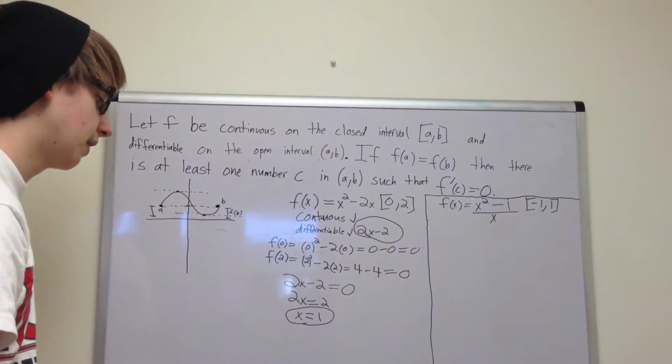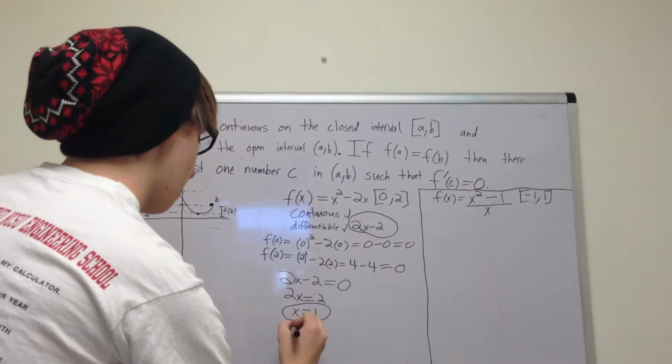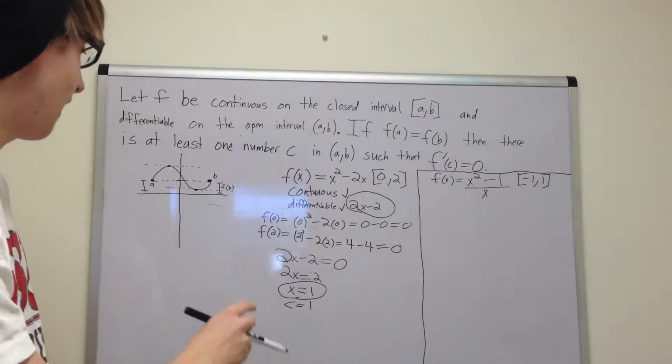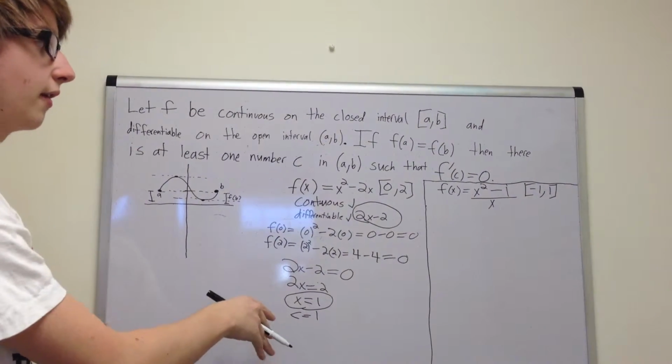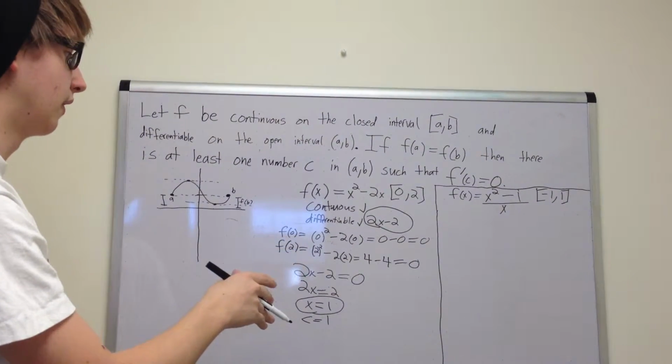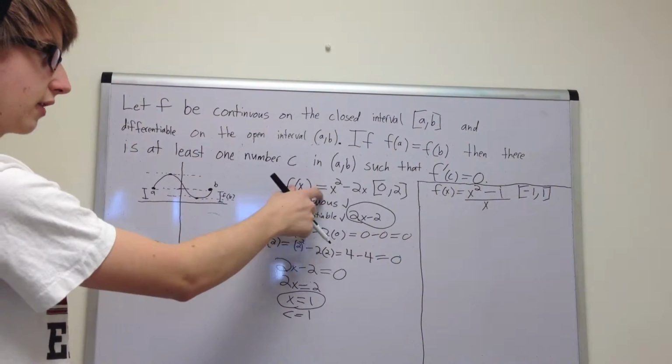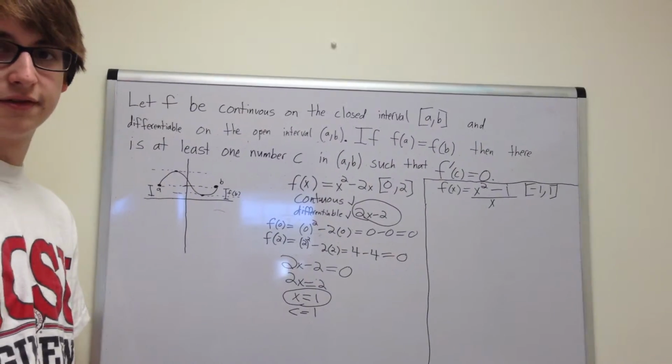So we know that at the x value 1, the slope of this function is going to be 0.